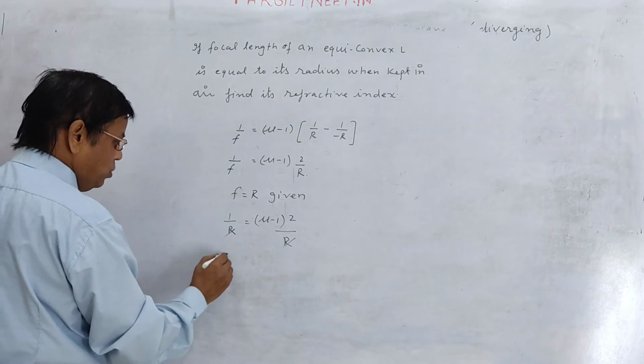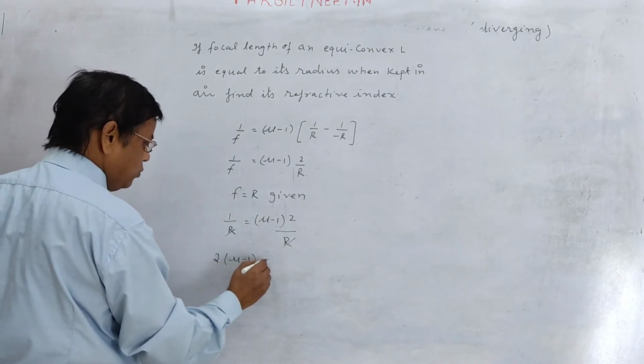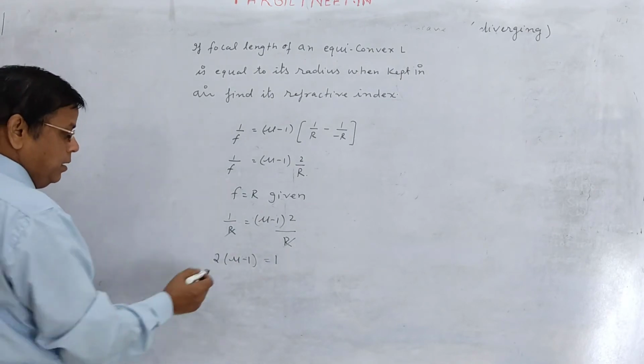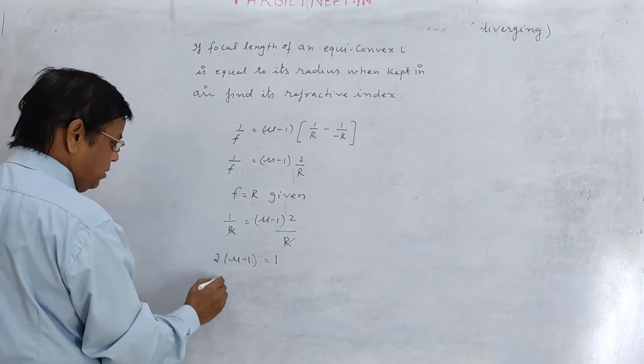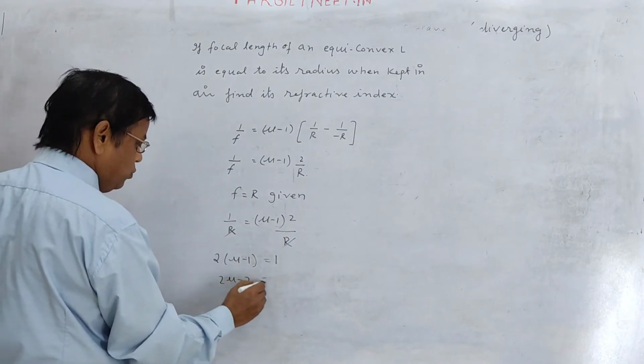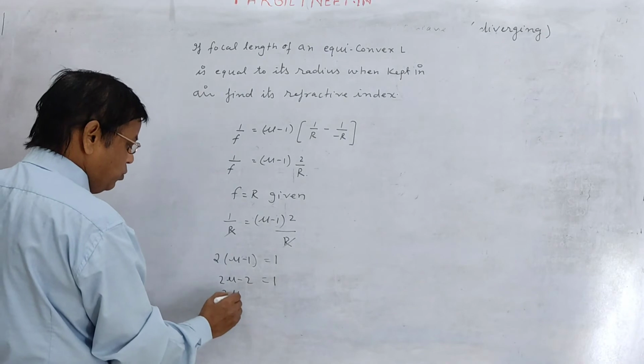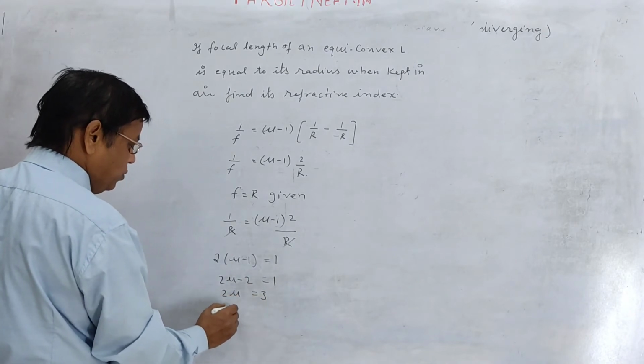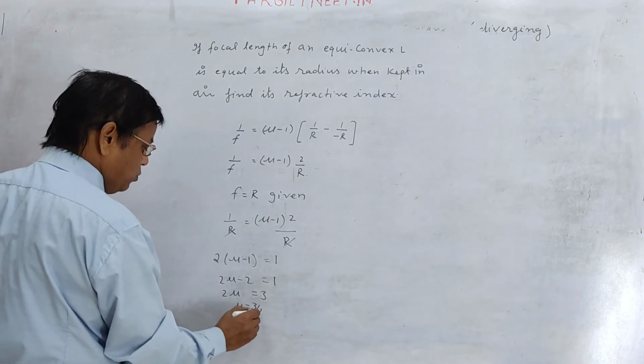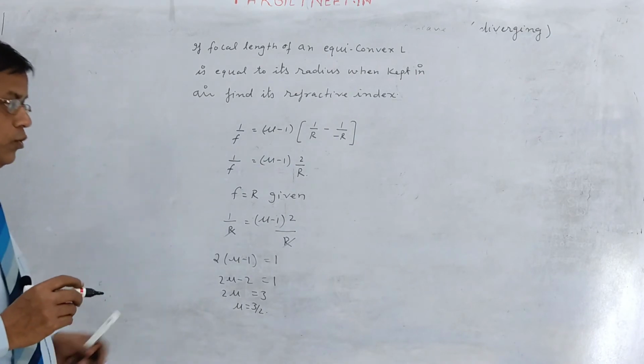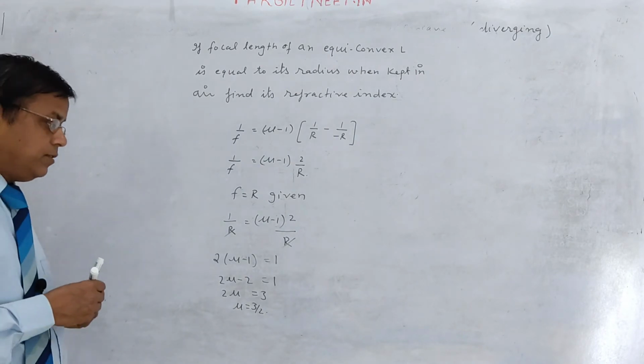So 2 into mu minus 1 is equal to 1. If I open the bracket, it is 2 mu minus 2 is equal to 1. 2 mu is equal to 3. So mu is equal to 3 by 2. So this is your answer.